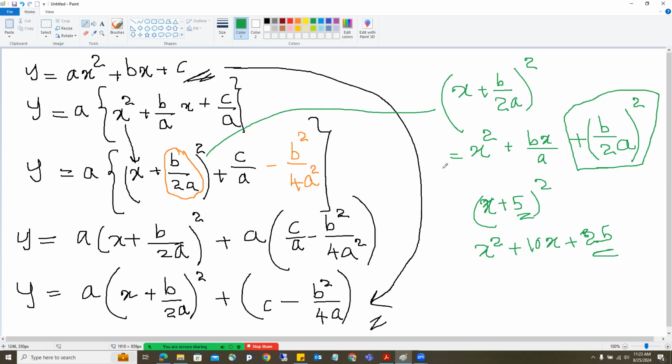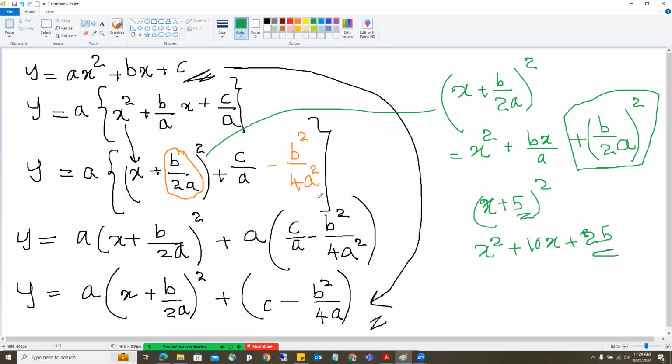Because of that, I just removed this additional term from the square. So this c over a was there in the previous step and then I removed b squared over 4a squared. That's how we received this b squared over 4a squared.